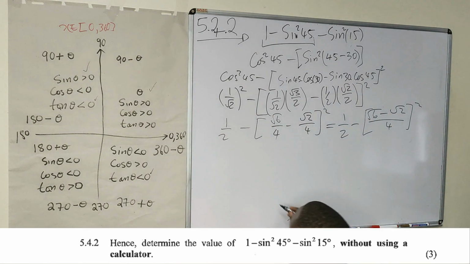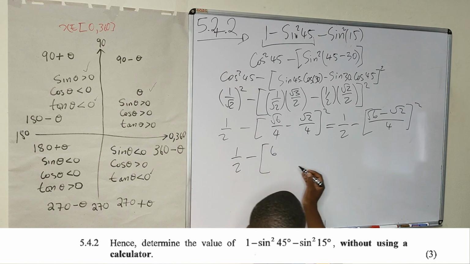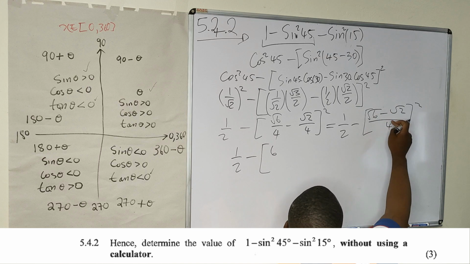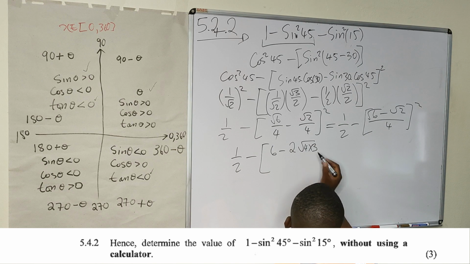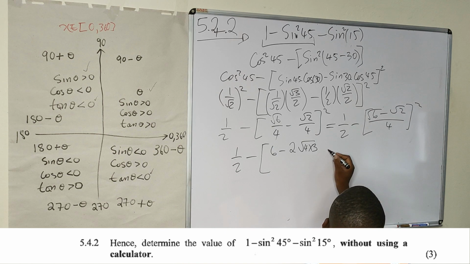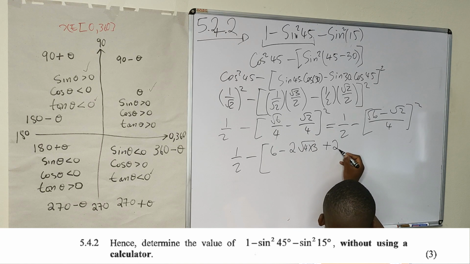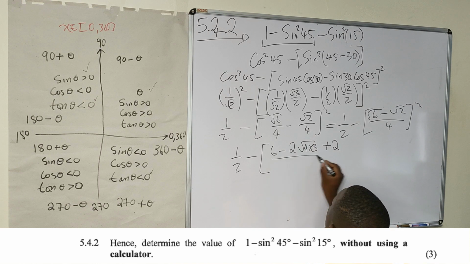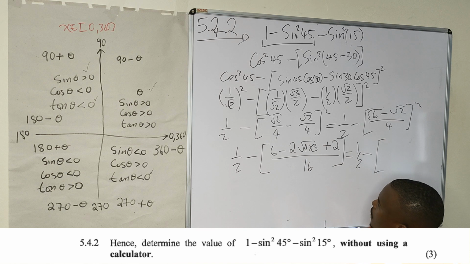Then let's expand this part. It's 1 over 2 minus 6, expanding this, minus 2 root 4 times 3, which is 12, right? Plus 2, all over 16. So what do we have? We have 1 over 2 minus this thing.